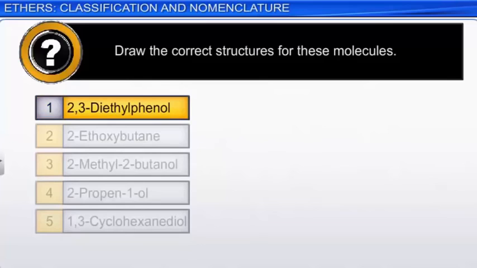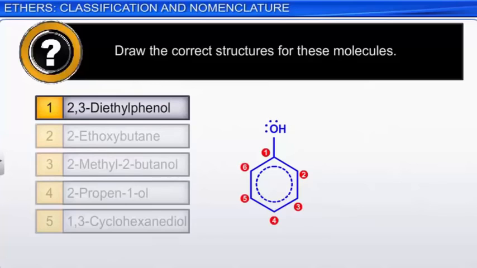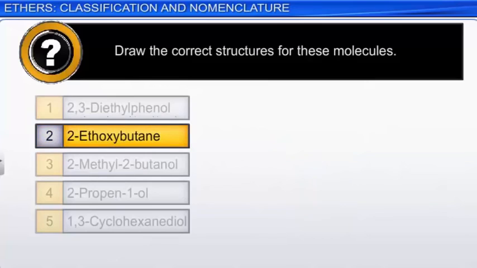Molecule 1 is 2,3-diethyl phenol. Start by drawing a phenol ring. The location of the hydroxyl group is position 1 on the ring. Then, add ethyl groups at carbons 2 and 3. Molecule 2 is 2-ethoxybutane.